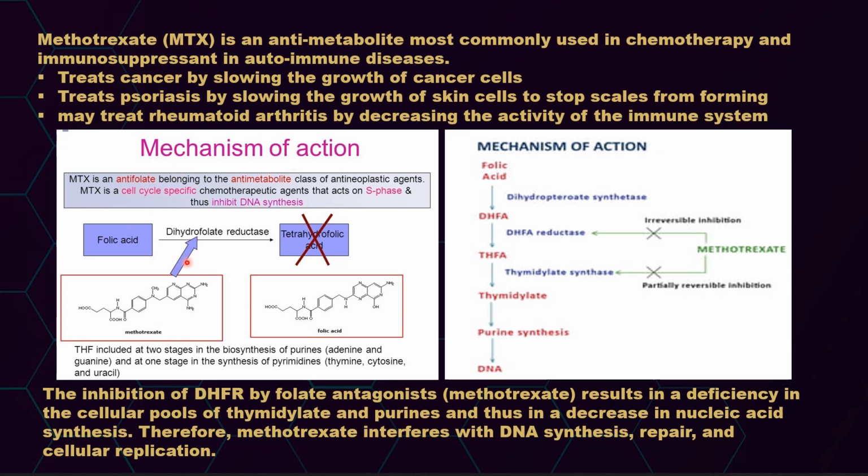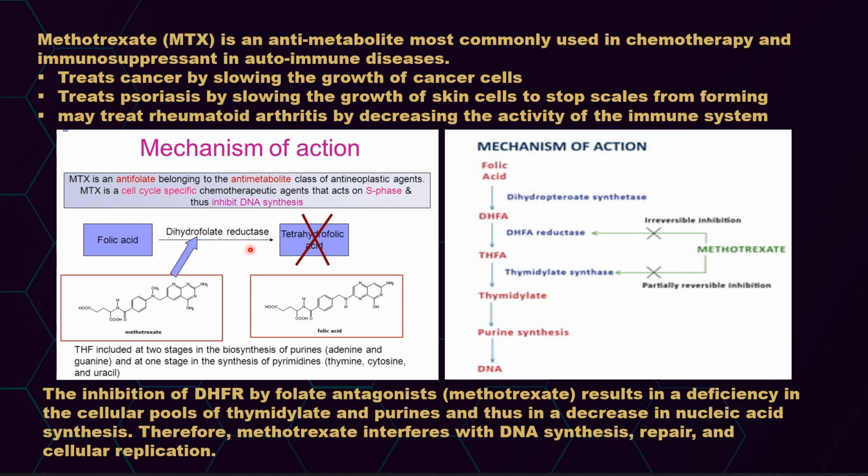So what's the action of methotrexate? It actually inhibits the activity of dihydrofolate reductase. So folic acid cannot be converted into tetrahydrofolic acid. So it is the inhibitor of dihydrofolate reductase, a folate antagonist.